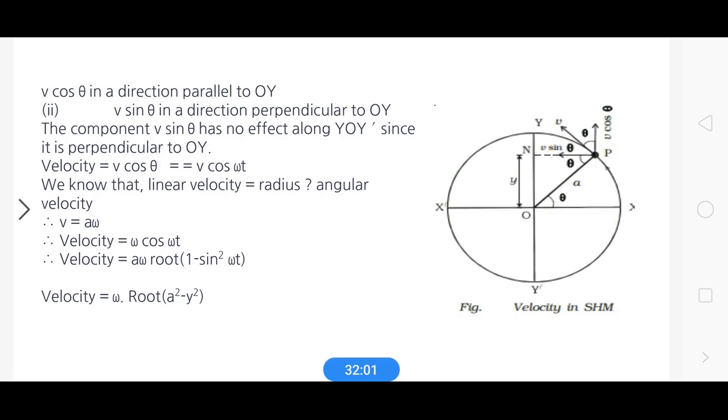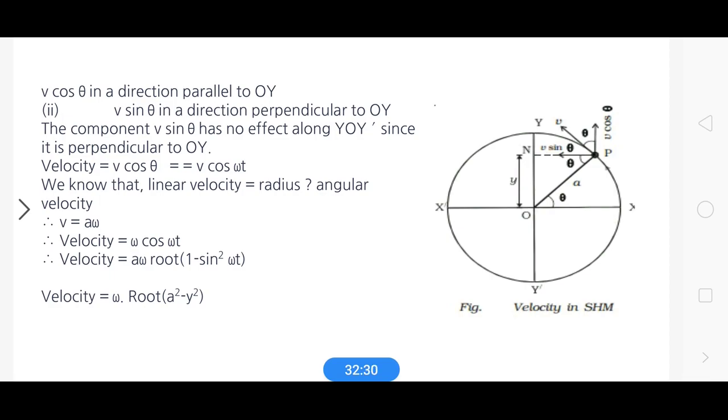So we have to choose the velocity component which is along the y direction. Here V cos theta is the component of the velocity along the y direction. So v is equal to V cos theta, and we know that V is equal to R omega, where R is equal to A here. So it is A omega cos omega t, the velocity expression.